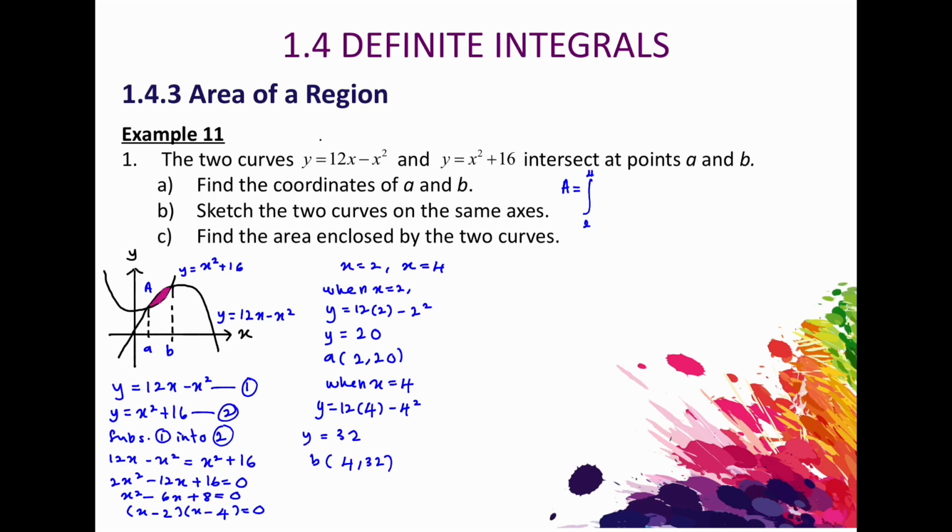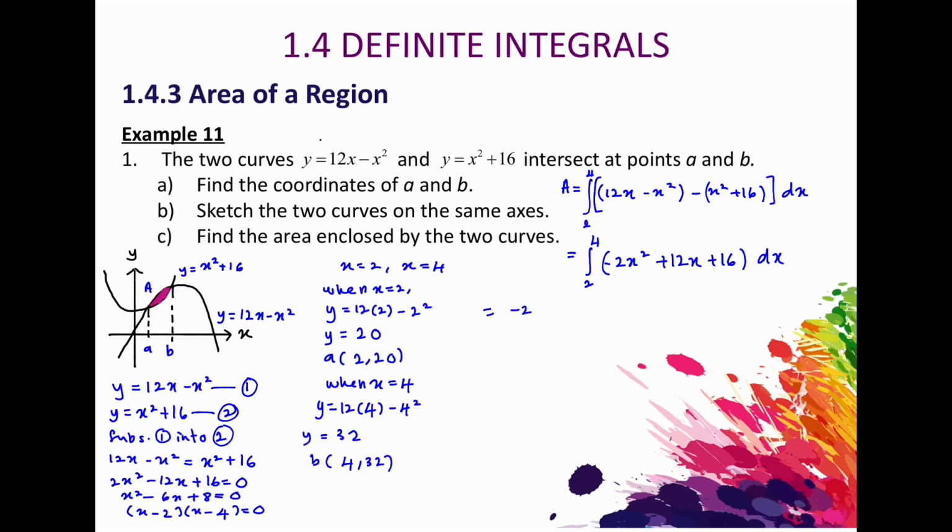The graph that sits above the other graph is 12x minus x squared, minus (x squared plus 16), dx. Then open the bracket and rearrange. We get negative 2x squared plus 12x minus 16. Then integrate that with respect to x.